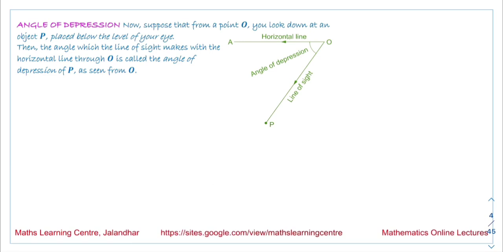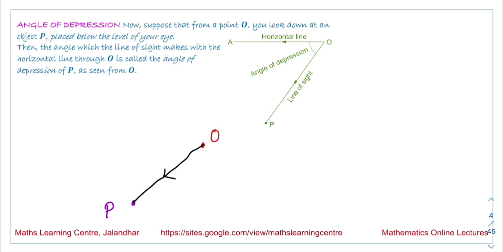Next is angle of depression. Angle of depression means now we are looking at something which is below us. Now our eye is at this point O. We are looking at some object, say P over here. Then the line of sight is this line.